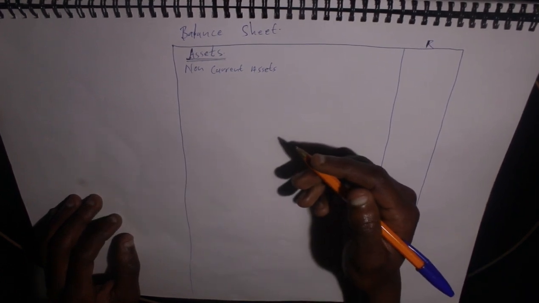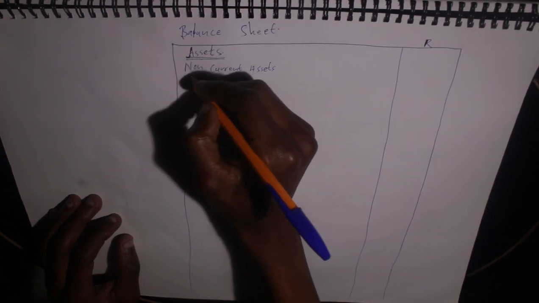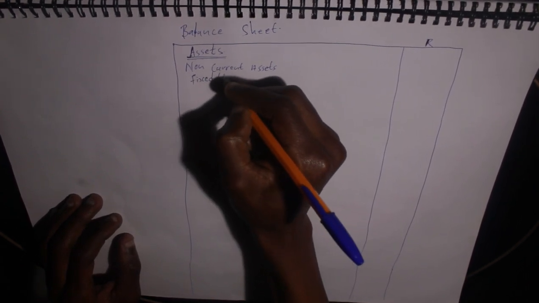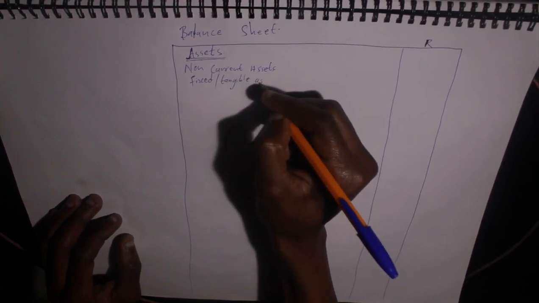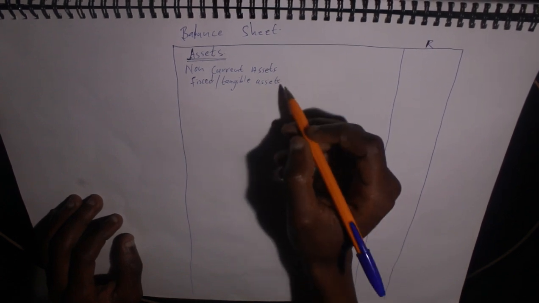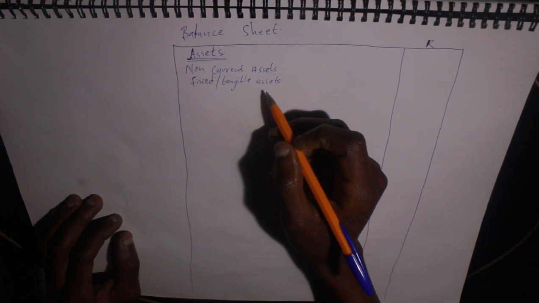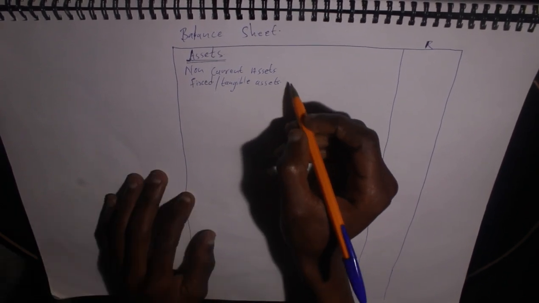So under non-current assets, we have what we call fixed or tangible assets. Now here we're talking your vehicle, your equipment, your machinery, furniture.